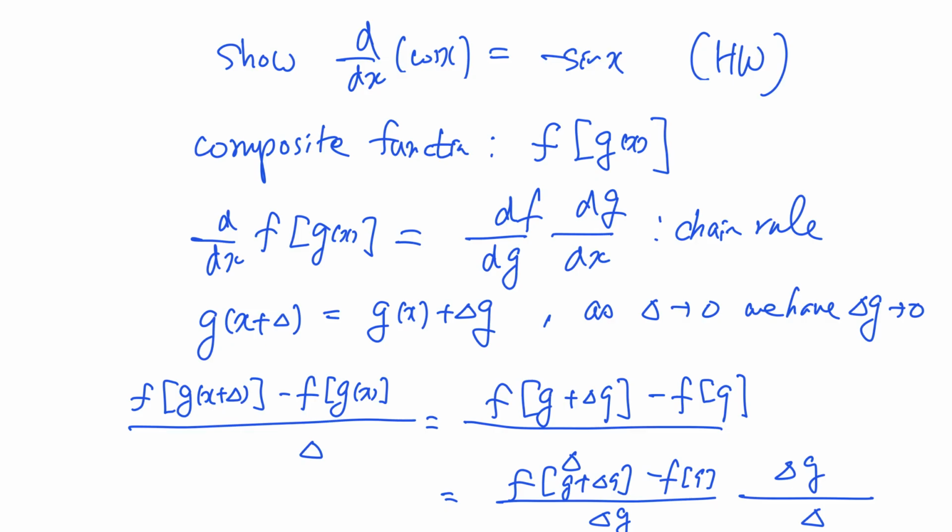And delta g is g of x plus delta minus g of x, right? Therefore, as delta goes to 0, delta g goes to 0, and it becomes df/dg times dg/dx.